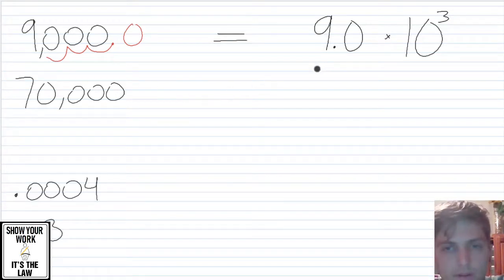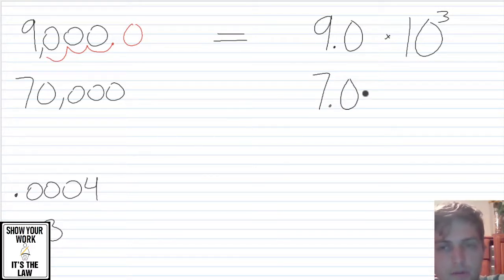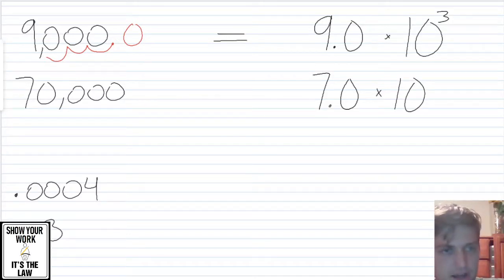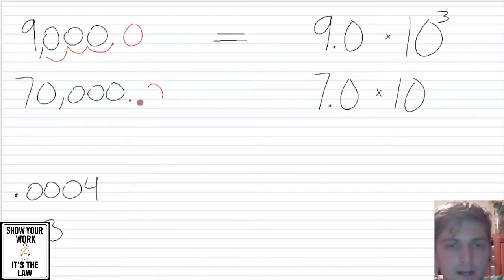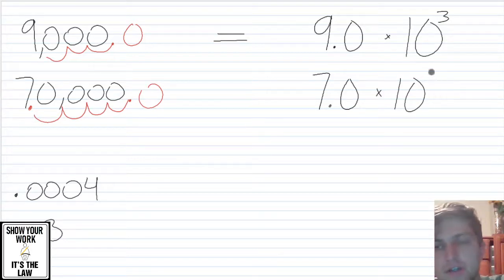So what we want to do is rewrite it as a number with 1 digit before the decimal. So 7.0 multiplied by 10 to the power of. Once again, let's find our decimal point. It's right here. And how many times do we have to move it to get it here? 1, 2, 3, 4. So we will have 7 times 10 to the power of 4 equals 70,000.